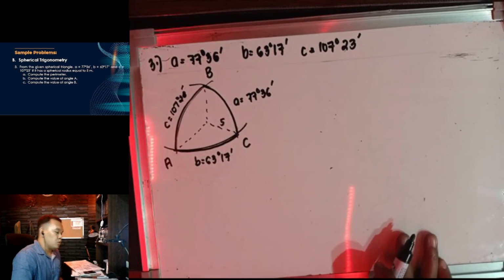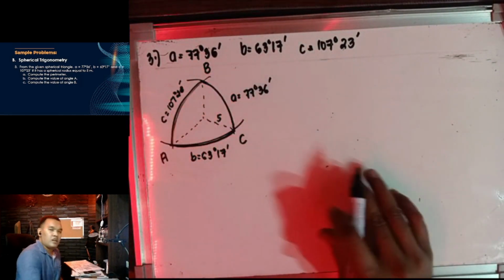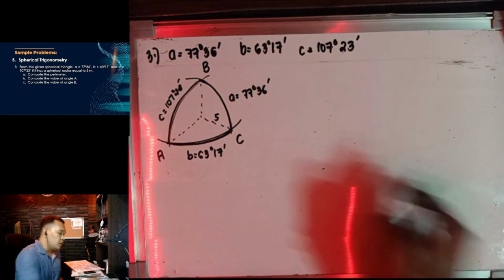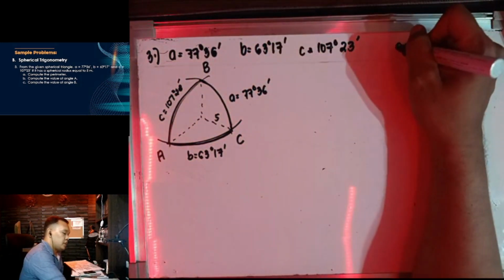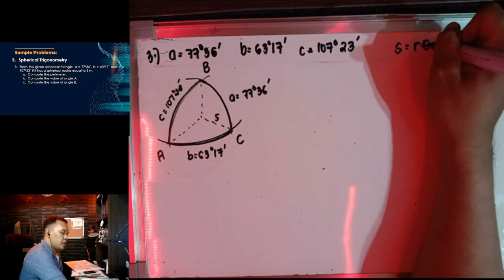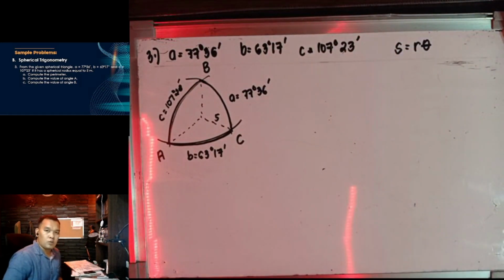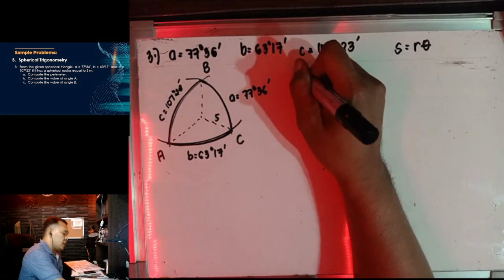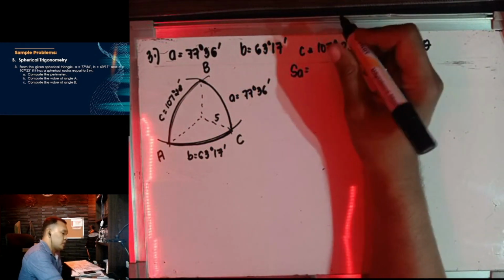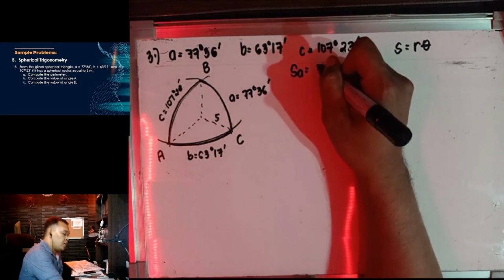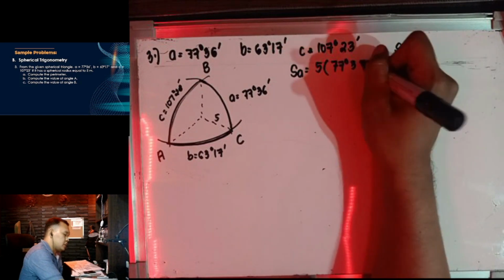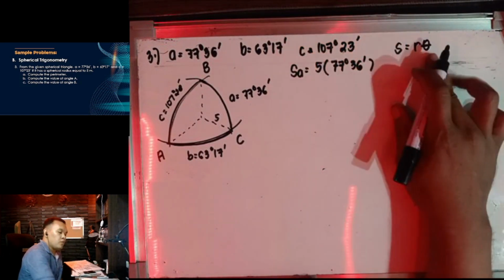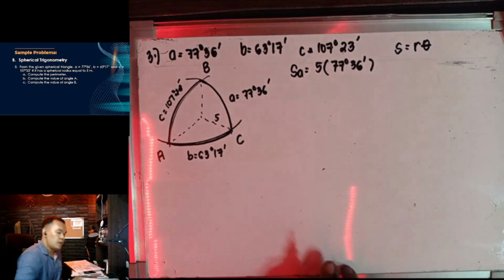Okay? So, to get this line, we need S is equivalent to R theta. Okay? So that we can get the actual perimeter. So we have here side A is equivalent to R, which is 5, then the angle, which is 77 degrees and 36 minutes. Then we all know that this theta here should be in radians.